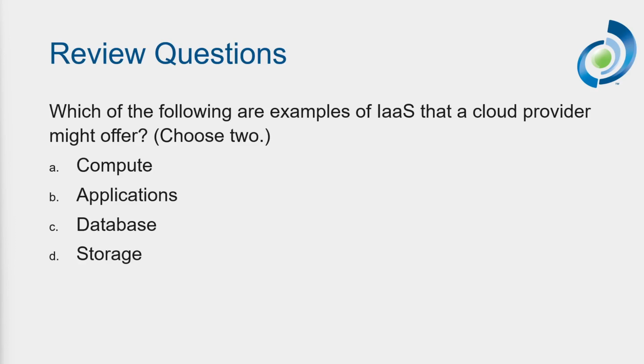Choose two of these. Compute and storage. Now, there are some cloud providers and documentation that suggest that database goes in there. It doesn't always. It just depends. But the ones that we know for sure here are compute and storage.